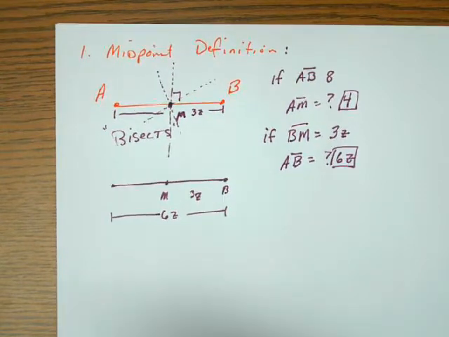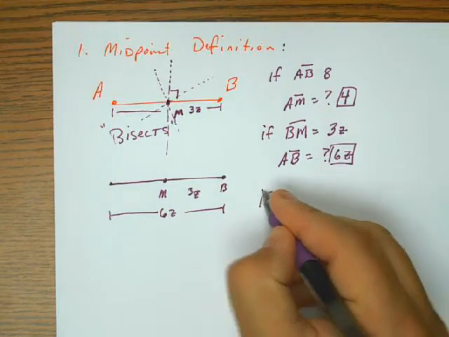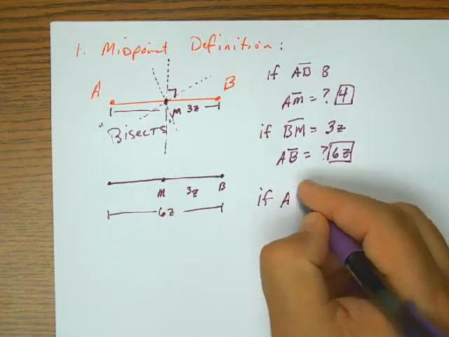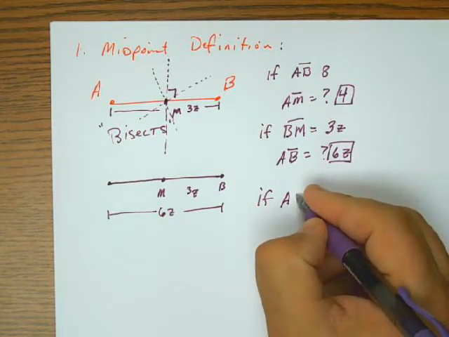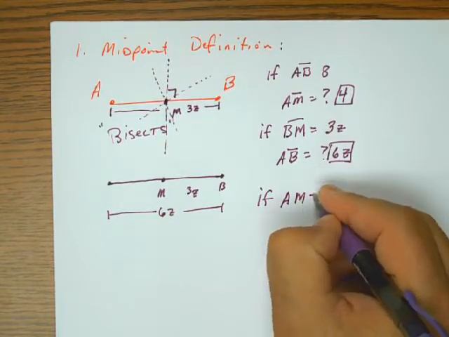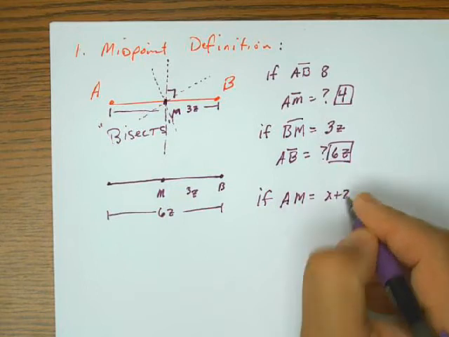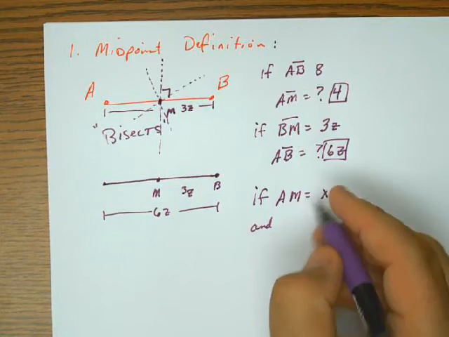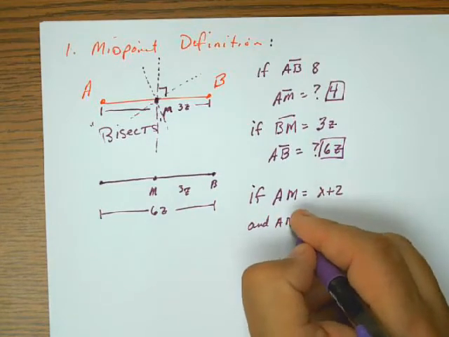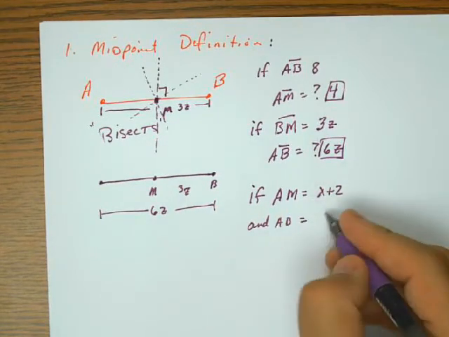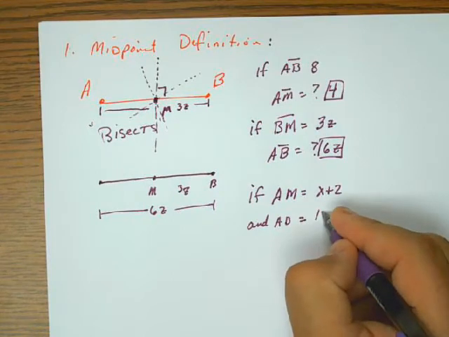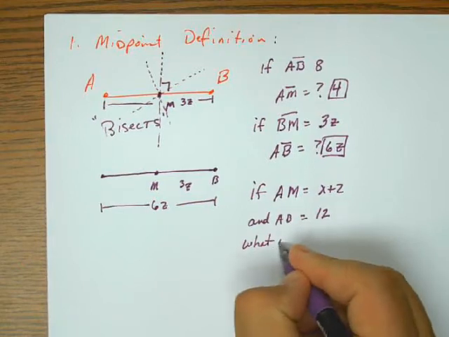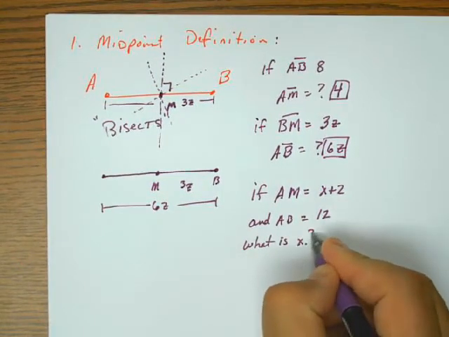Okay? If AM is x plus 2 and the length of AB is 12, what is x?